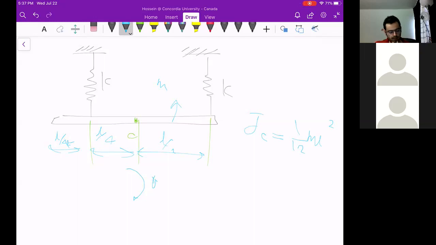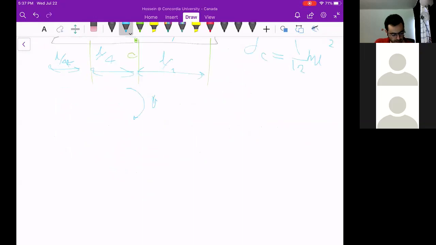So you could easily take advantage of Newton's second law for linear and rotational motion. Here there is a static equilibrium position as soon as you attach the spring.